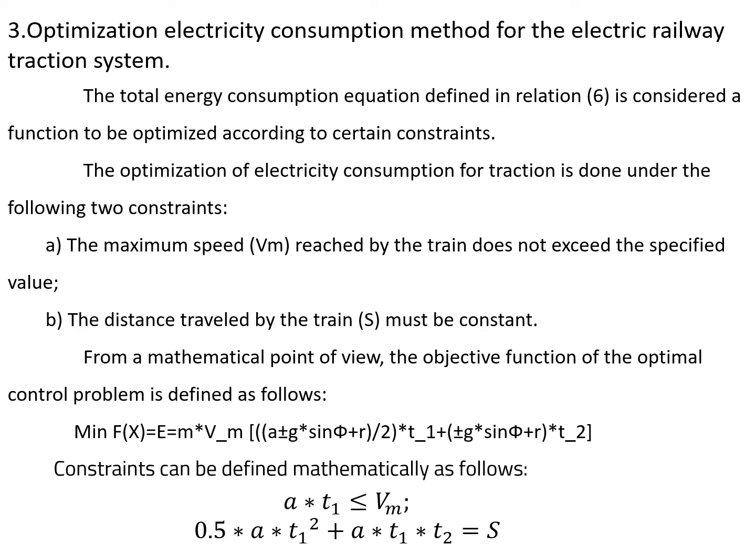Constraints can be defined mathematically as follows. A times T1 is smaller or equal than Vm, and S is equal to 0.5 times A times T1 squared plus A times T1 times T2.